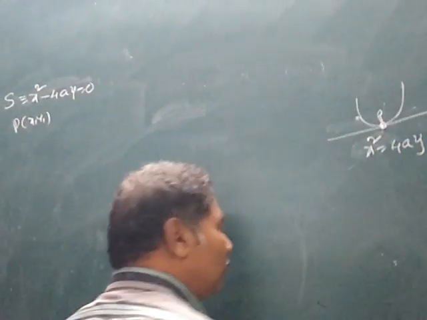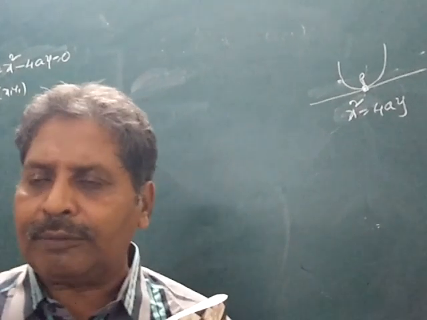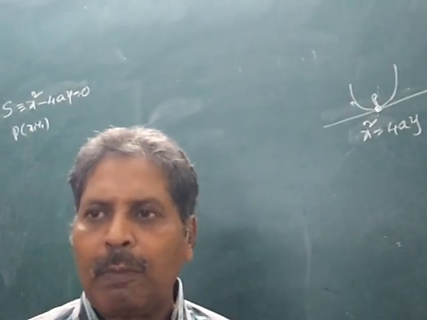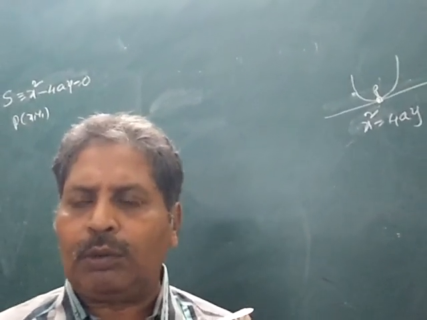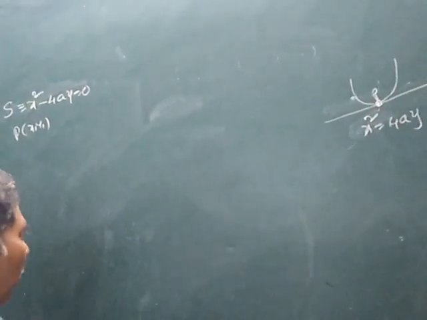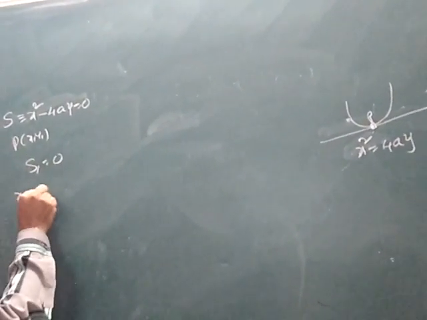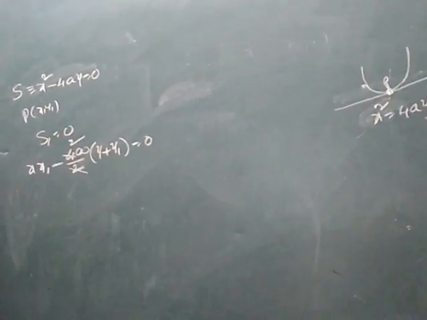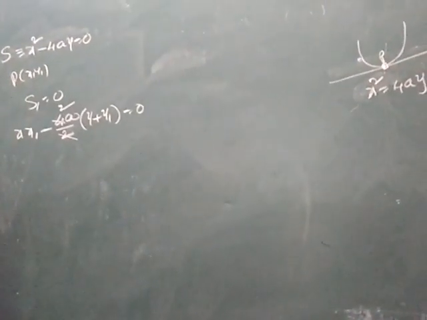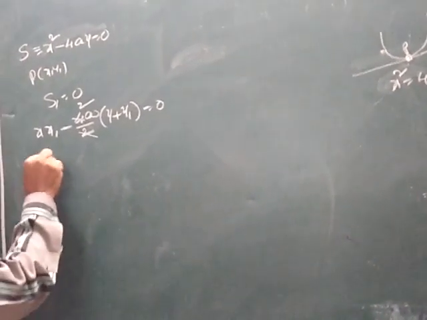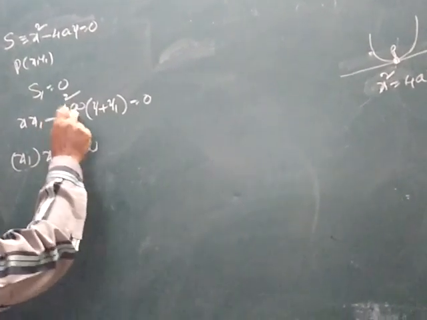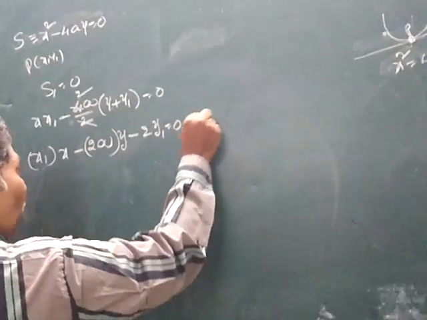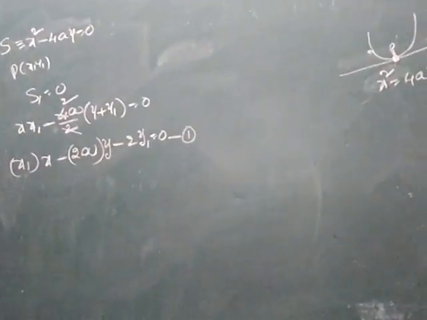Equation of the tangent at P is S1 equal to 0: x x1 minus 4a by 2 into y plus y1 equal to 0. 2 cancel. x1 x minus 2a y minus 2a y1 equal to 0. Equation number 1.